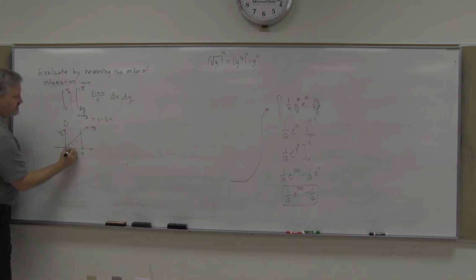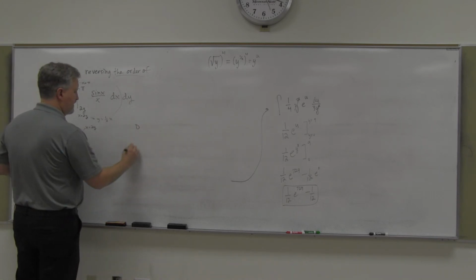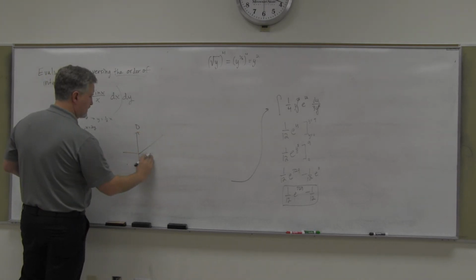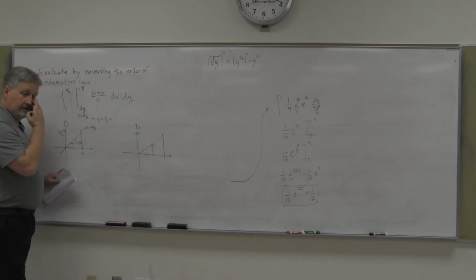I did the x's first, so I went from here to here. To change the order, I want to do that same region, but I want to do from this y to that y first.